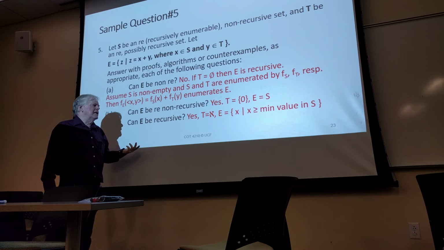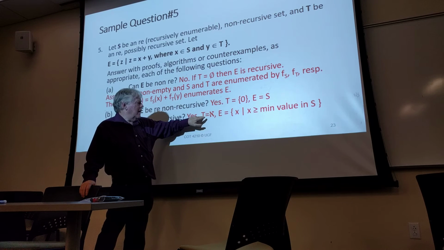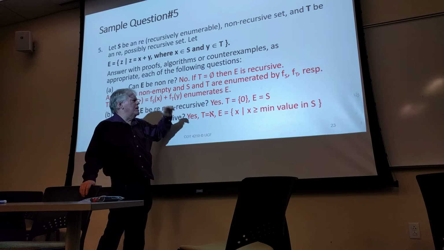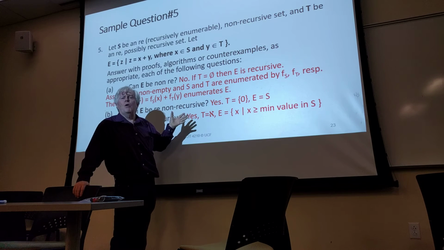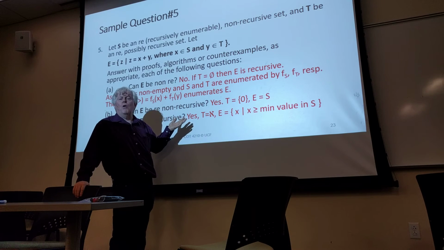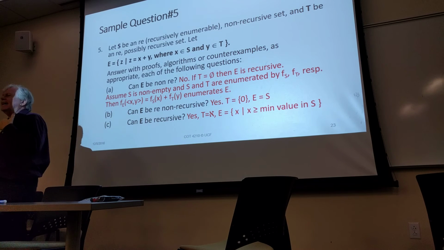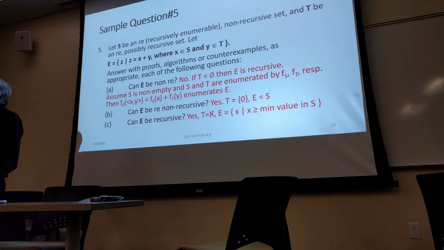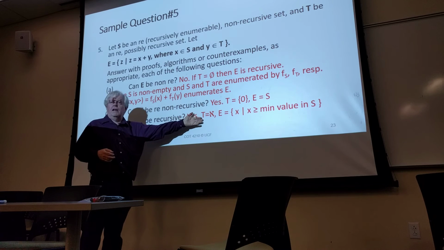What I did is I said, yes, just make T empty. That would have worked. So I wanted to give you an example. What if I said to you, T cannot be empty? What if I declared that? If I declared T cannot be empty, then I need to find an alternative.